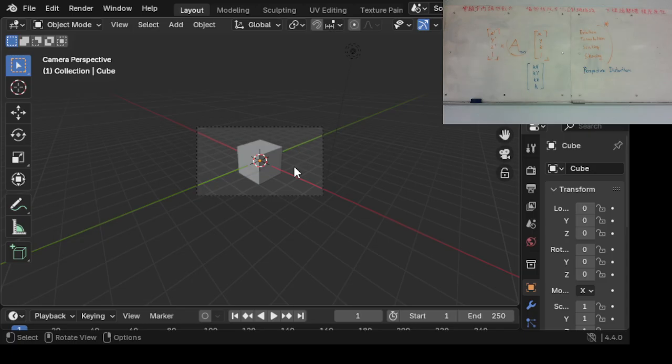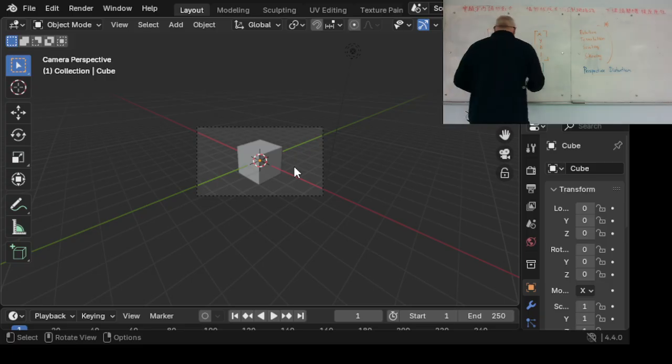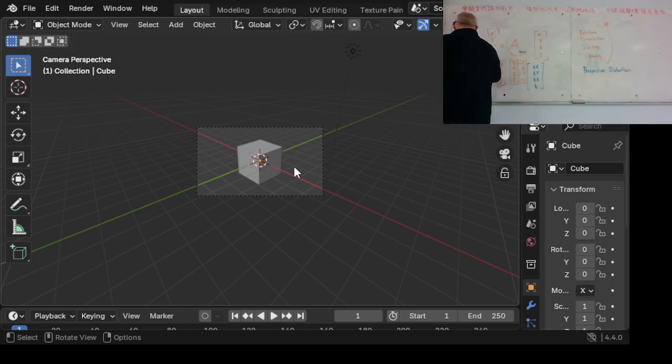Because all of these points would correspond to the coordinates 2, 0, 1.